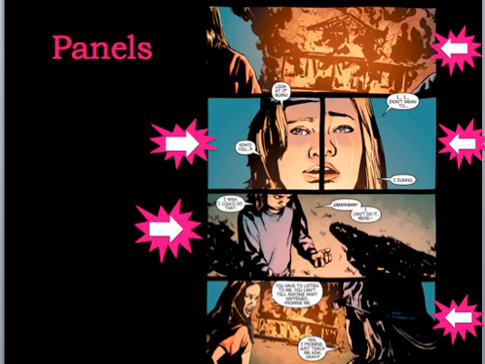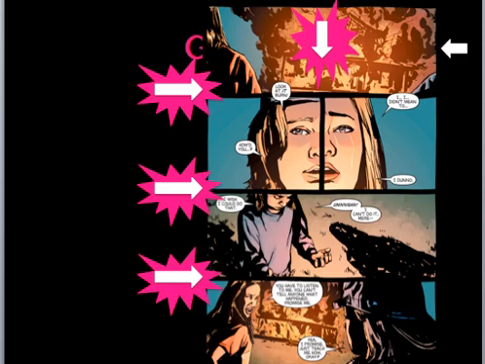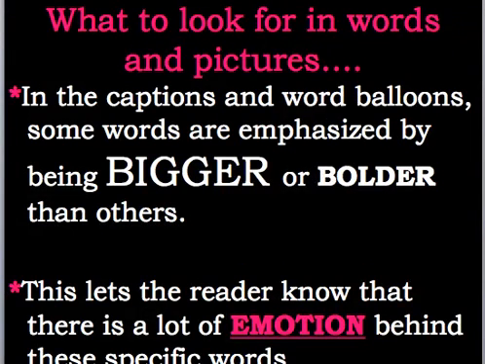So in total, you would say 1, 2, 3, 4, 5 panels make up this particular grid. So it's just showing you these 5 panels and how the various balloons are being used. So what to look for in words and pictures.